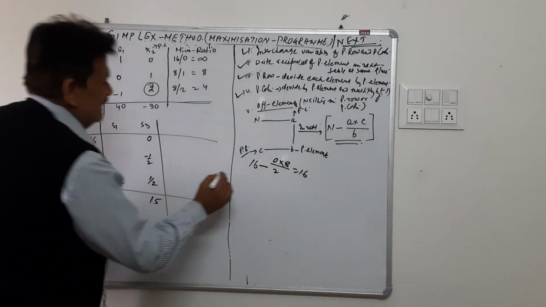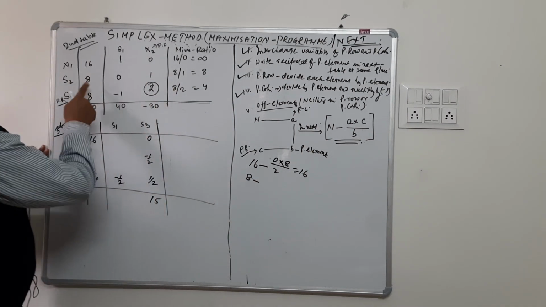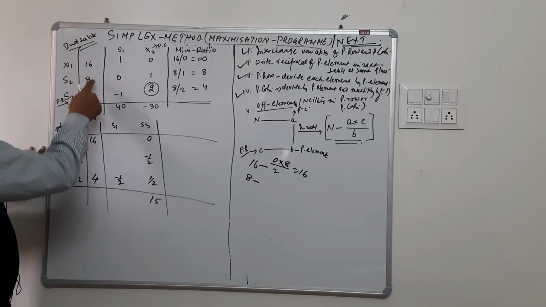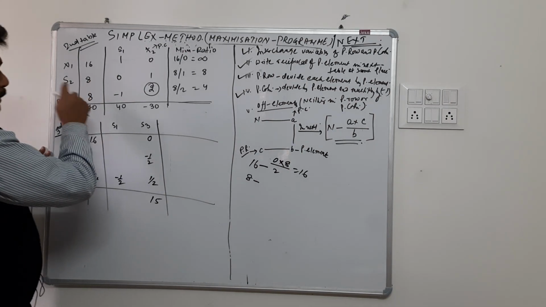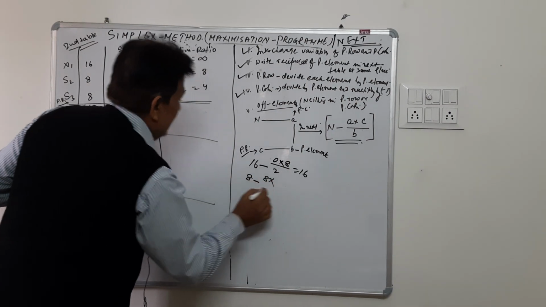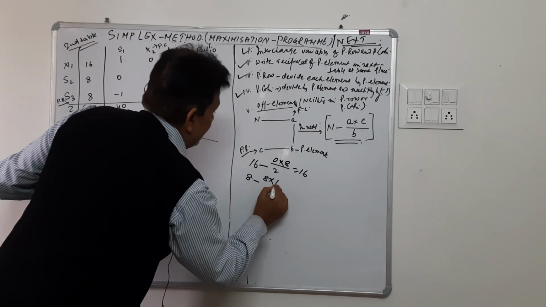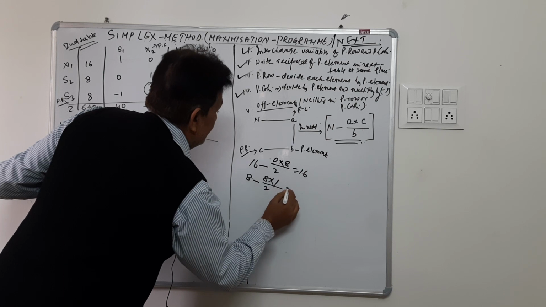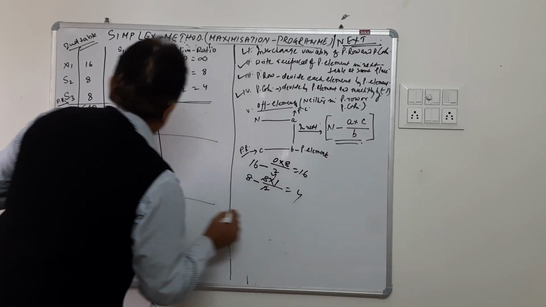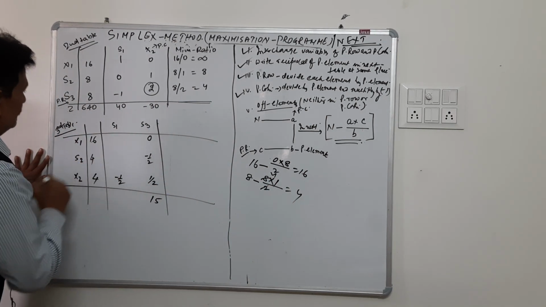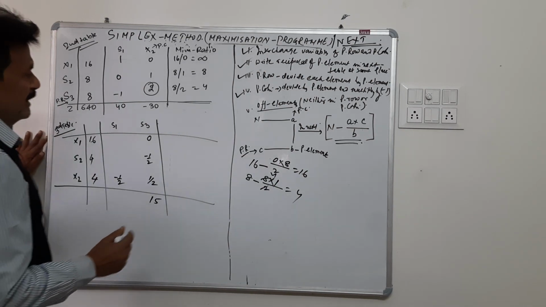Now 8 minus the corresponding element in the pivot row, that is 8, into the corresponding element in the pivot column, that is 1, divided by the pivot element 4, that is 4. So it is 4.